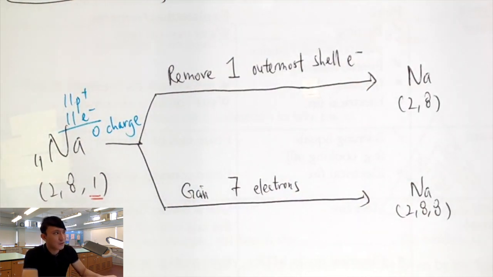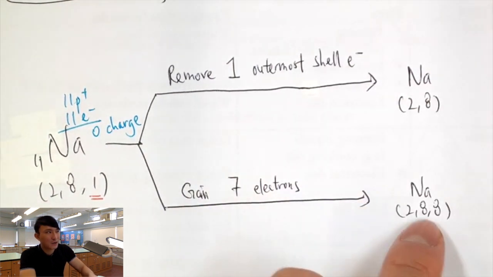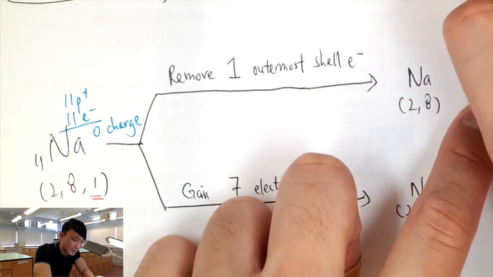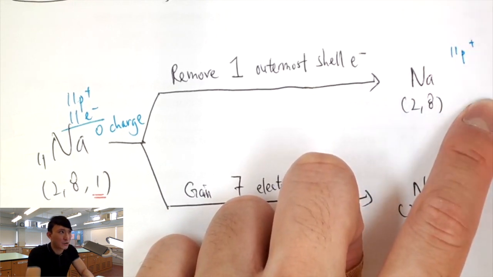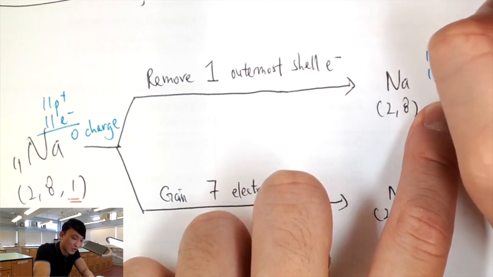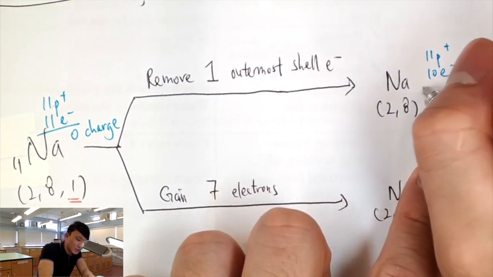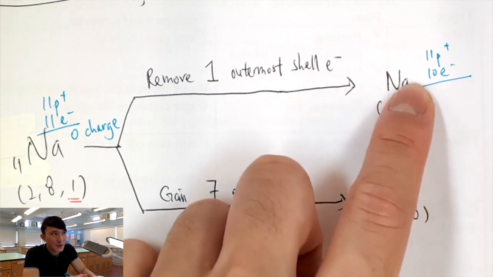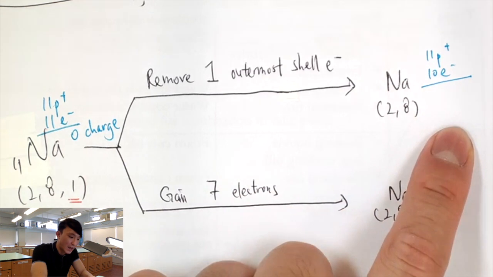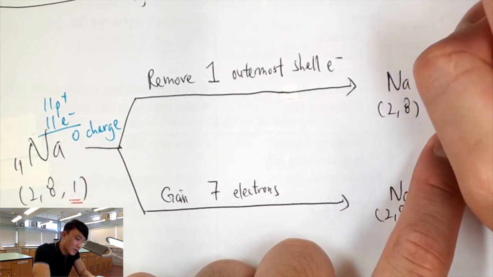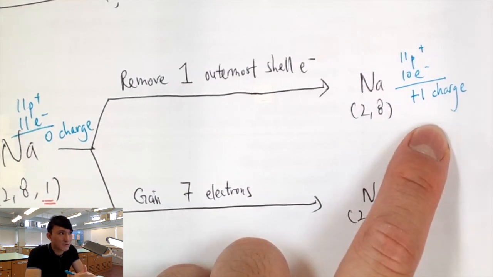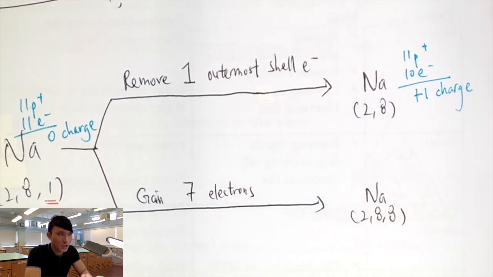But right now, after removing one outermost shell electron, sodium is still having 11 protons, but now it only contains 10 electrons, isn't it? So if you look into the charges, we have 11 positive and 10 negative, so it should have positive 1 charge, isn't it? That extra proton results in a positive 1 charge.